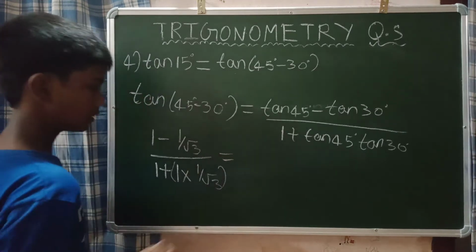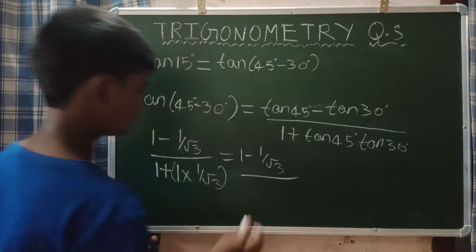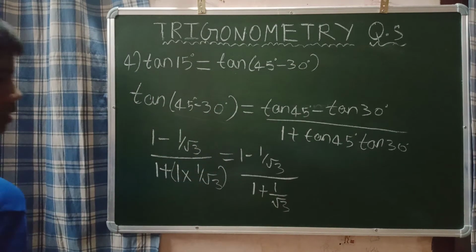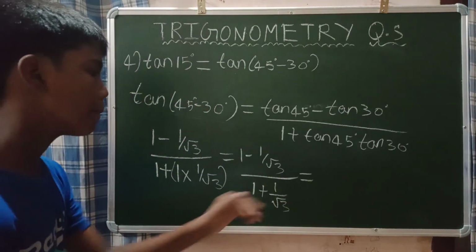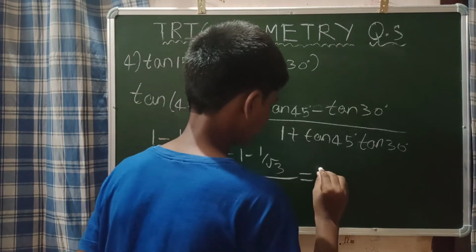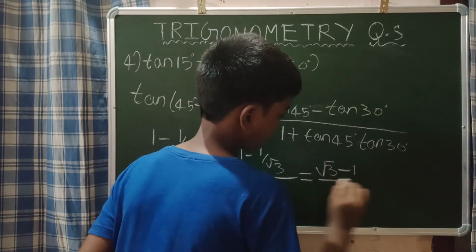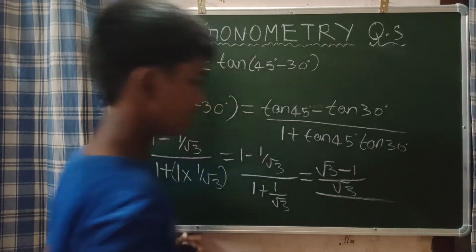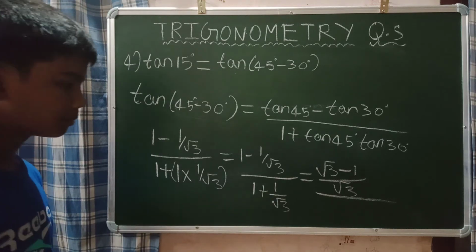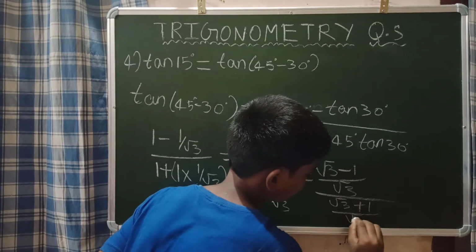Now we can write it as 1 minus 1 by root 3 divided by 1 plus 1 by root 3. 1 minus 1 by root 3 we can write as root 3 minus 1 by root 3, and 1 plus 1 by root 3 we can write as root 3 plus 1 by root 3.